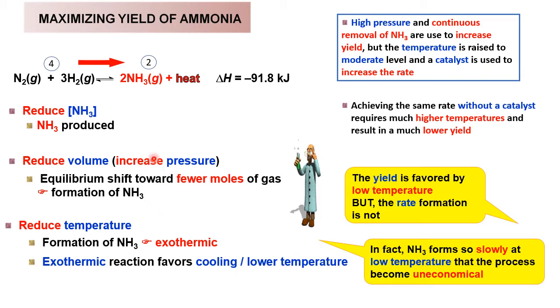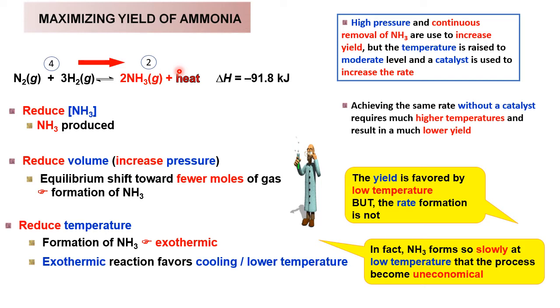First of all, we will check the phase of the chemical equation: gas, gas, gas. Okay, so in total there are 4 mole of reactants on the left hand side and 2 mole of product on the right hand side. This reaction is an exothermic reaction, that's why heat is added at the product side.